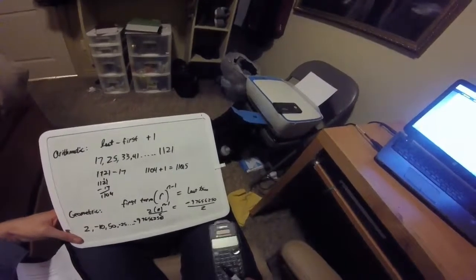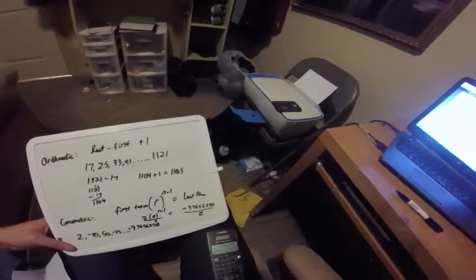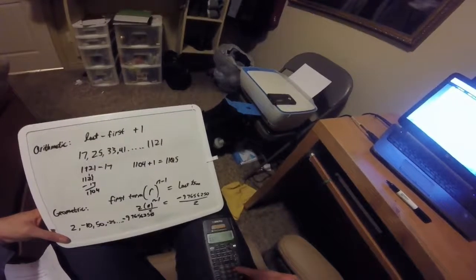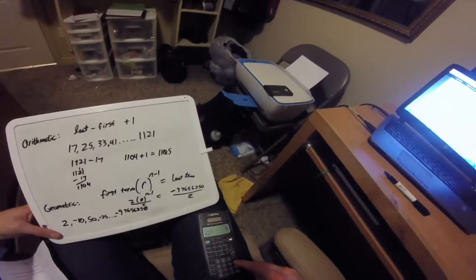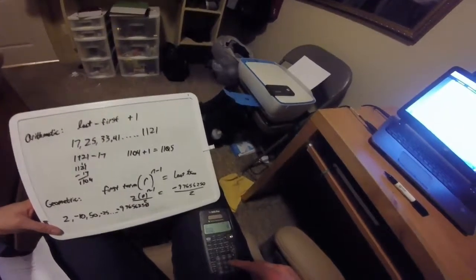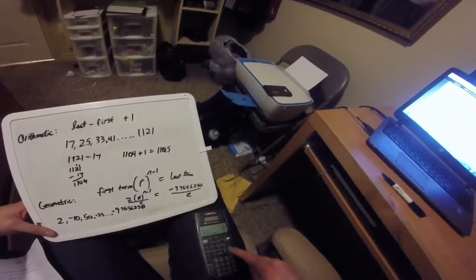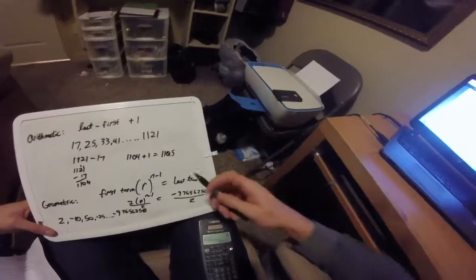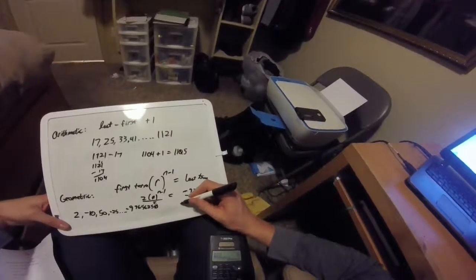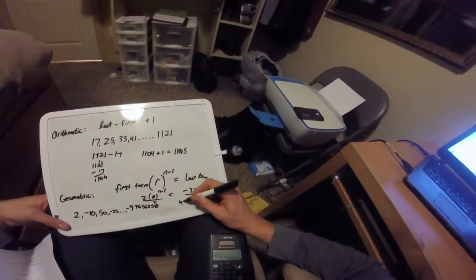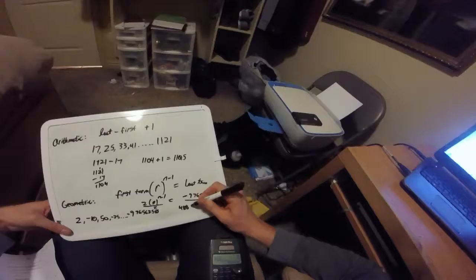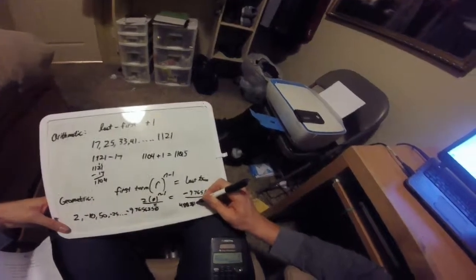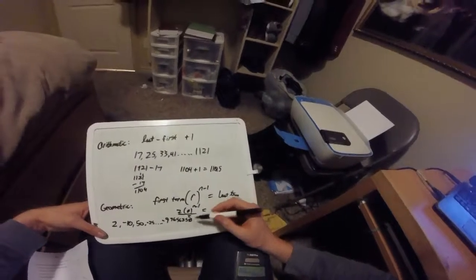Calculator comes in handy. That number divided by 2 gives us 48,828,125.